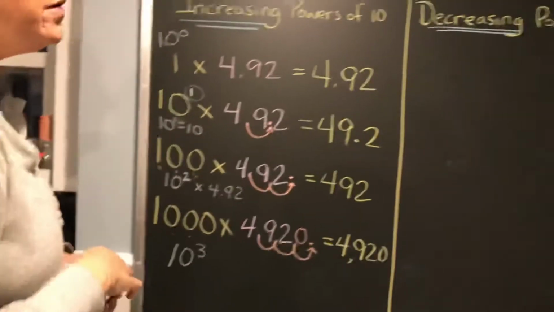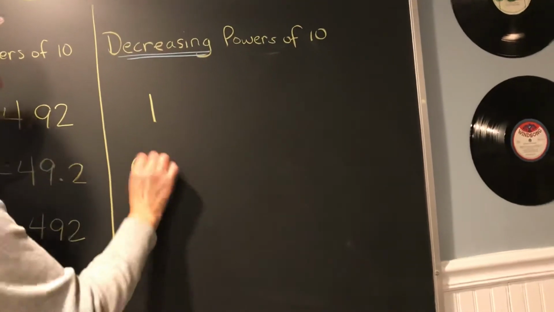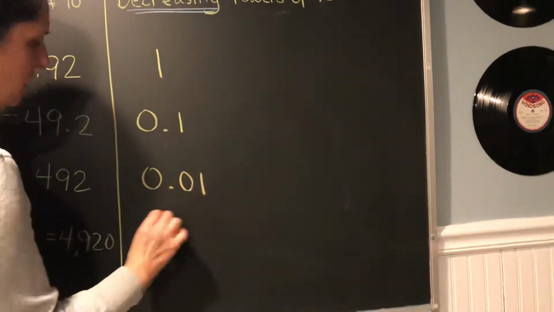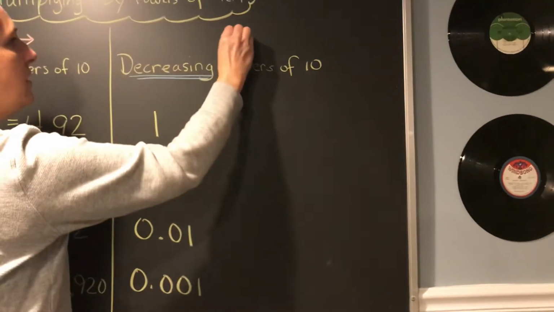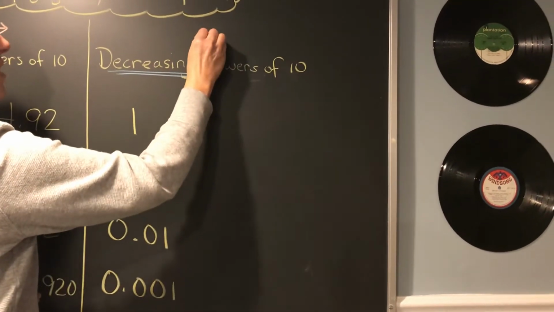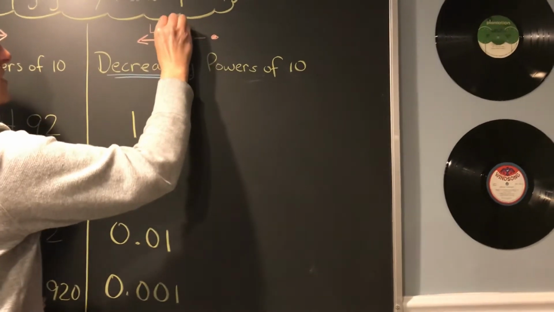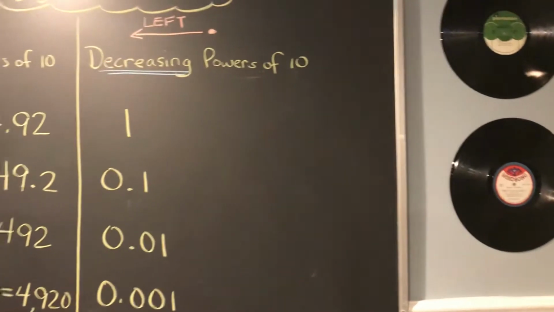All right, so we have decreasing powers of 10. That's something like this. We're going to start with 1 again, 1/10, 1/100th, and 1/1,000th. In this case, your decimal point is going to travel to the left. You either have to memorize this or you really need to look at your answer and make sure that it makes sense.